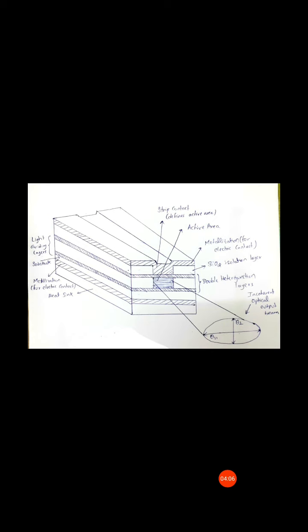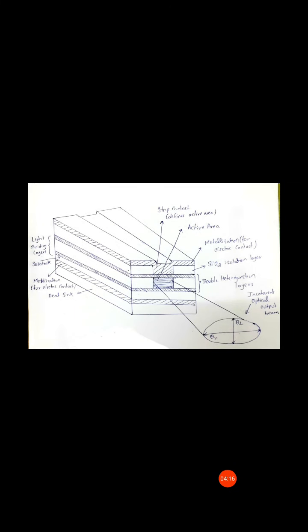Now we discuss this edge emitting LED. It has an active region, which is the source of the incoherent light. From this LED we get incoherent light, hence it is called an incoherent optical source.